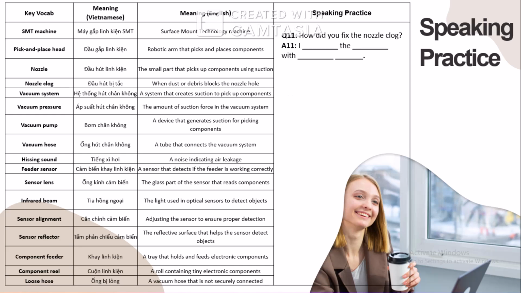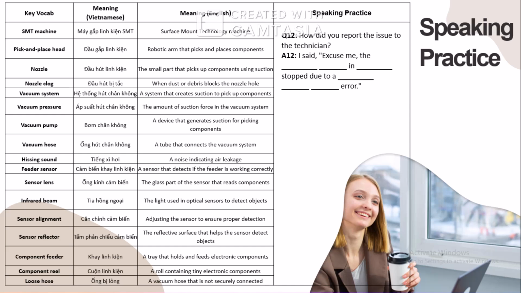How did you fix the nozzle clog? I cleaned the nozzle with compressed air. How did you report the issue to the technician? I said, "Excuse me, the SMT machine in line 3, station 2, stopped due to a vacuum pressure low error."